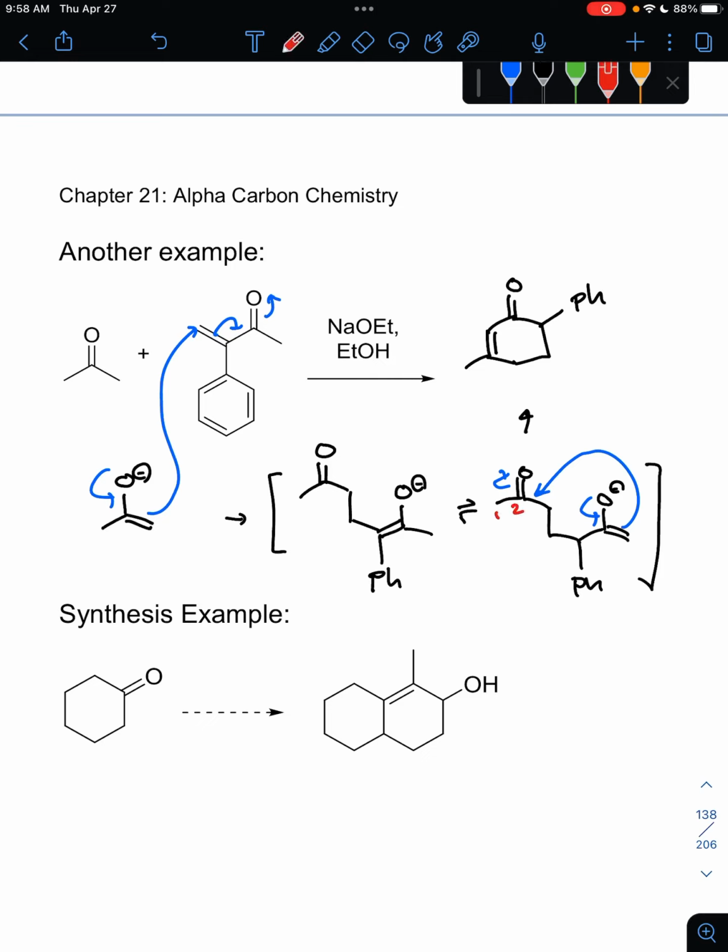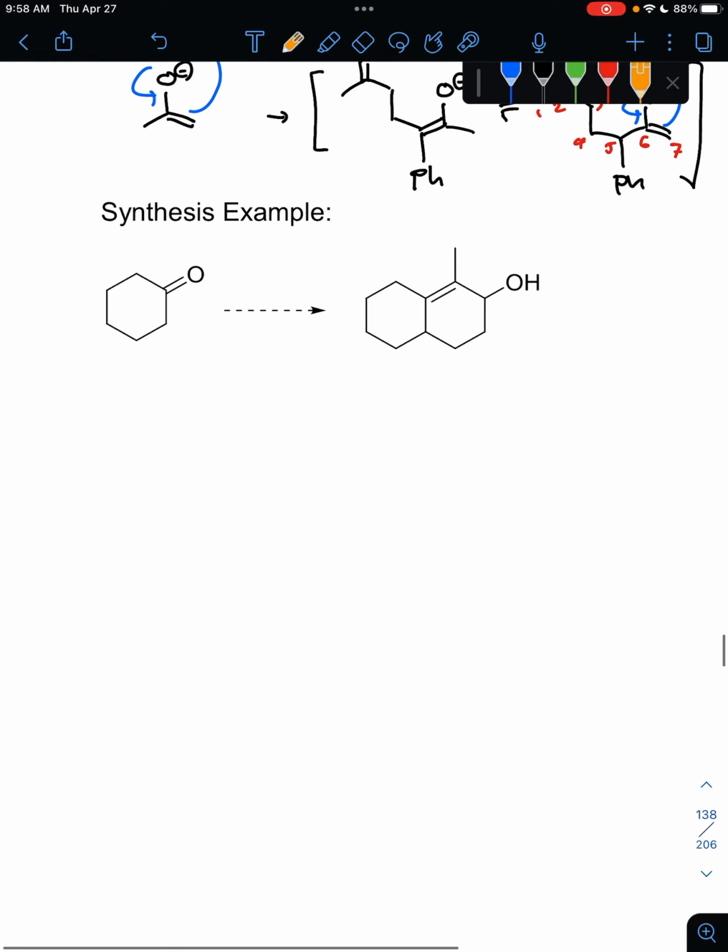So just to make sure we're all on the same page, there's 7 carbons there. That would be 1, 2, 3, 4, 5, 6, 7 carbons there. So that would be the Robinson annulation reaction, and again, it's a great way to make cyclohexenone.